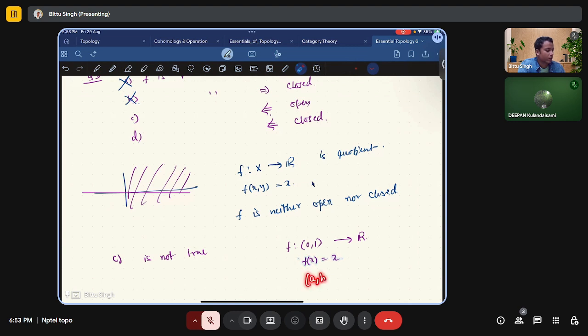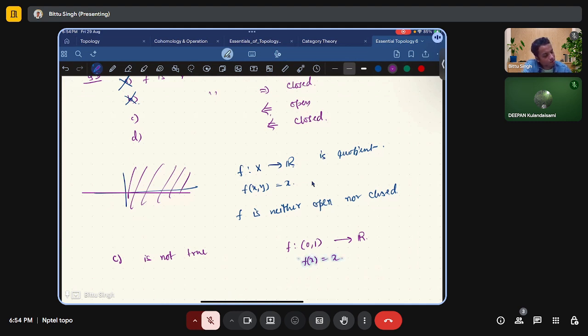Even some interval (a, b), this kind of basis neighborhood, is the same as (a, b). So the image of a basis element is open, therefore the image of an open set will also be open, because an open set is nothing but a union of such basis elements.